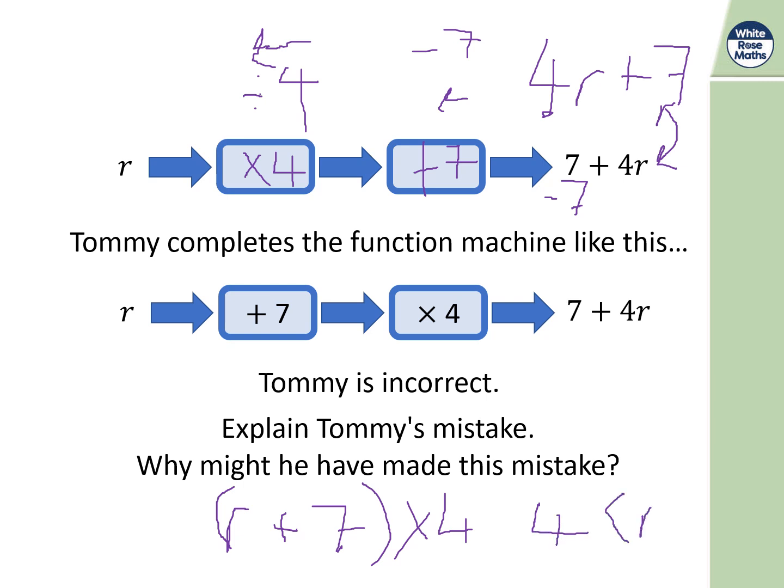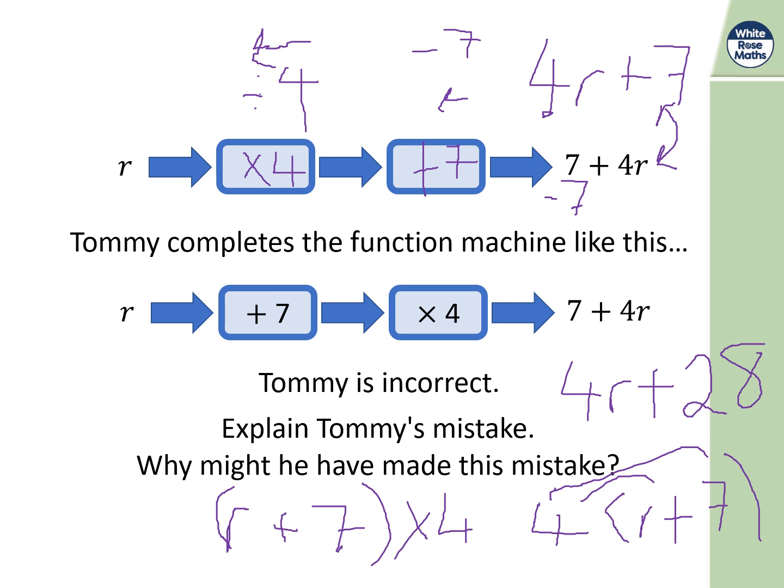You do get 4r, however, you also get 4 lots of 7, which goes to 28. So this way gives you 4r plus 28, or 28 plus 4r, and that's not the same as 7 plus 4r, because 7 does not equal 28.